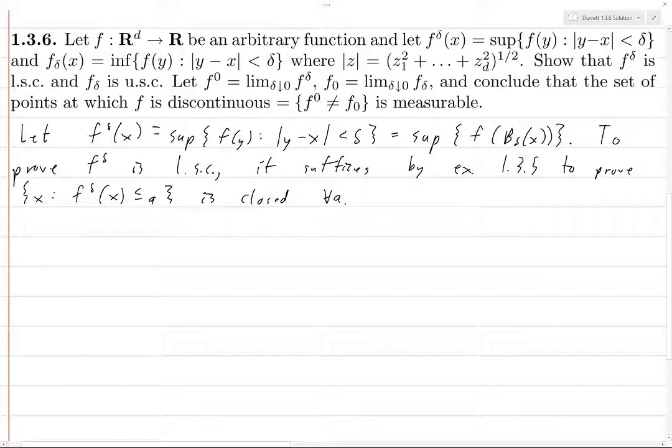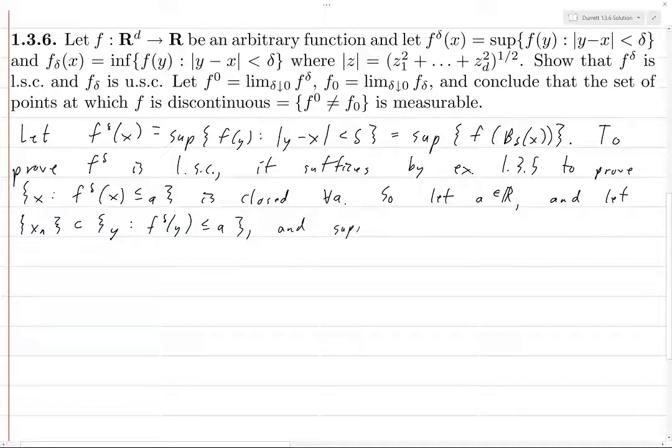Okay, so let a be in R, and let x_n be a sequence in the set of all y such that f delta of y is less than or equal to a.